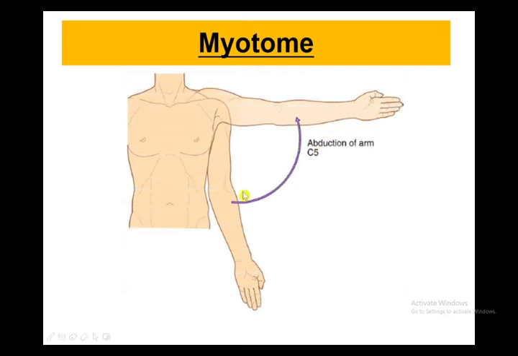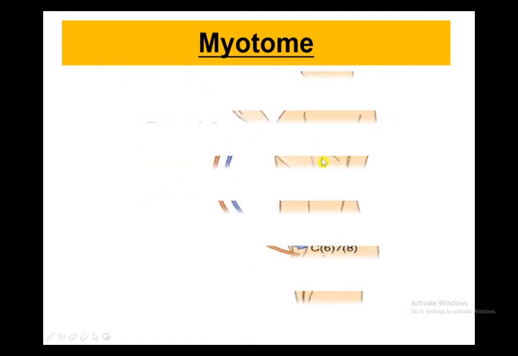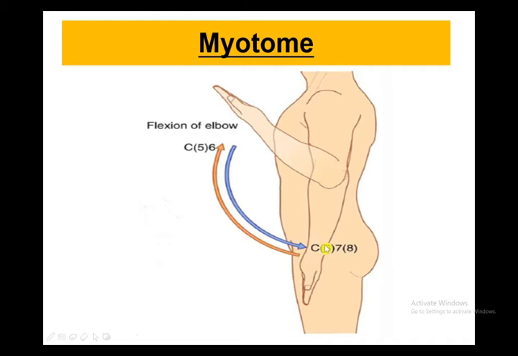Talking about the myotome, for abduction of the arm at the shoulder joint, we check C5. At the elbow joint, for the flexion and extension, we check C6, 7 and 8.